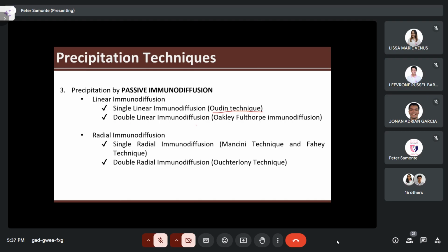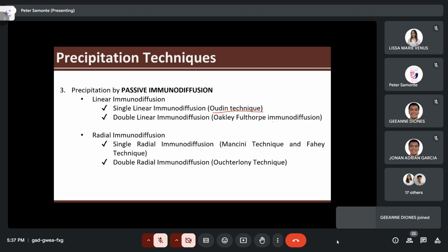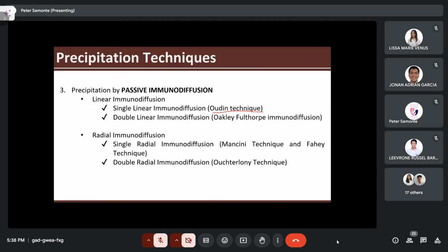Then we have your double linear immunodiffusion technique known as your Oakley-Fulthorpe immunodiffusion. Then we have your radial immunodiffusion. Under radial immunodiffusion, we have your single radial immunodiffusion, also known as the Mancini and Fahey technique. Then we have the double radial immunodiffusion, also known as your Ouchterlony technique, which later class we will discuss one by one.